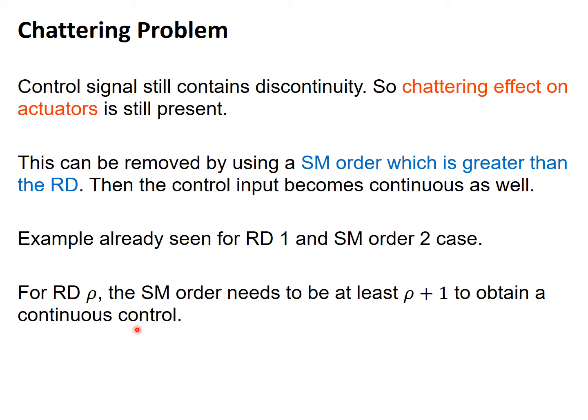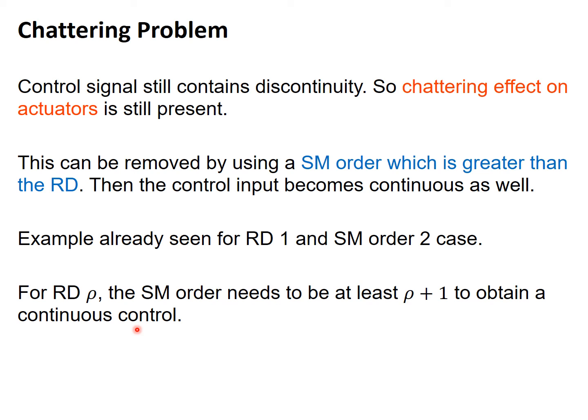So there are two things. First, you want to reduce the chattering effect on the sliding variable, so you choose a relative degree which is more than 1. But now, you also want a control action which is not discontinuous in nature, so that the chattering effect on the actuators is also gone or reduced.